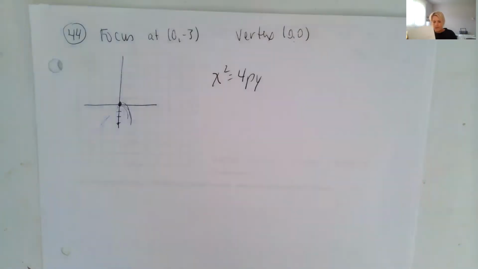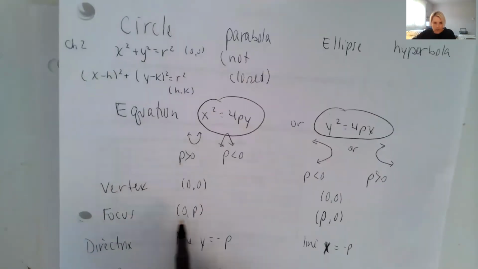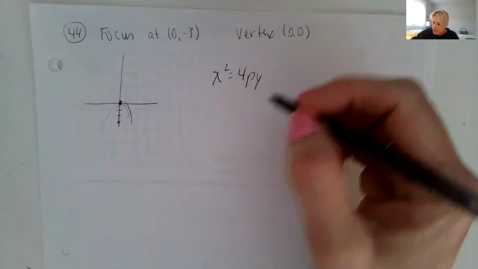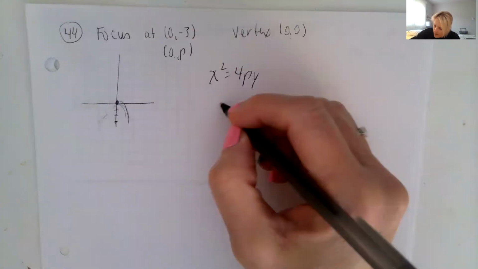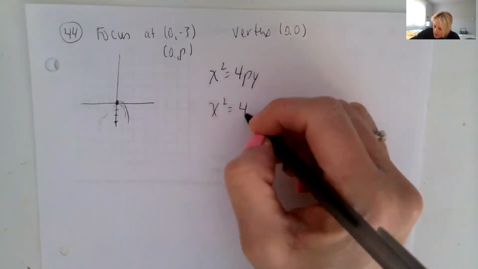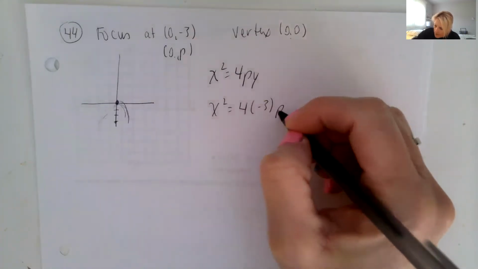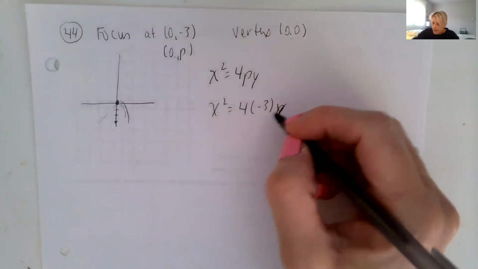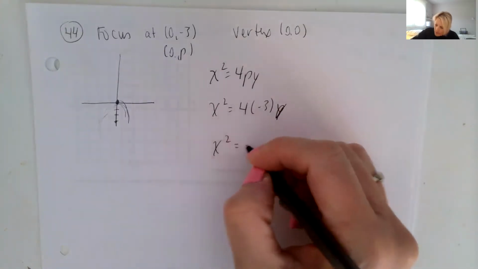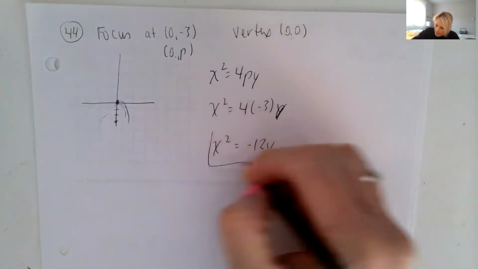And because our focus is at 0, negative 3, we know that p must be negative 3. So it must be x squared equals 4 times negative 3, whoops, y. So x squared equals negative 12y.